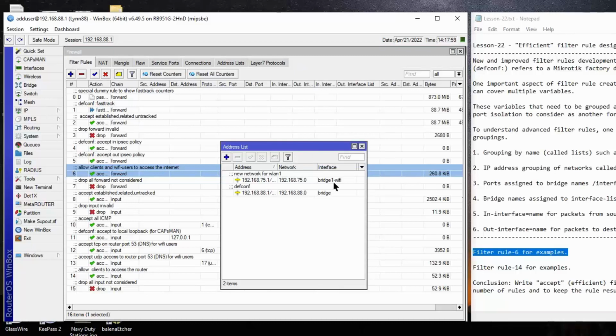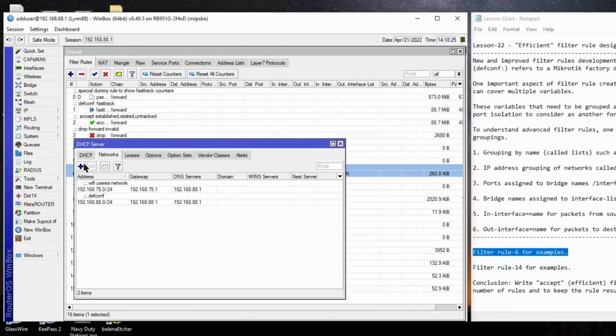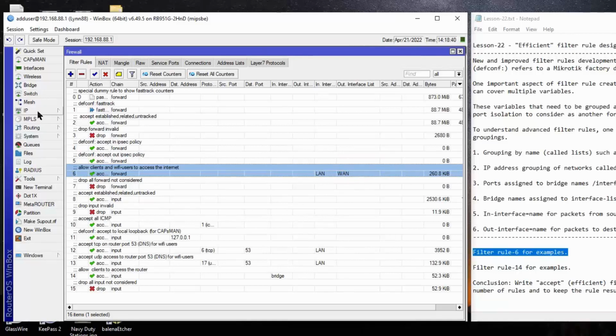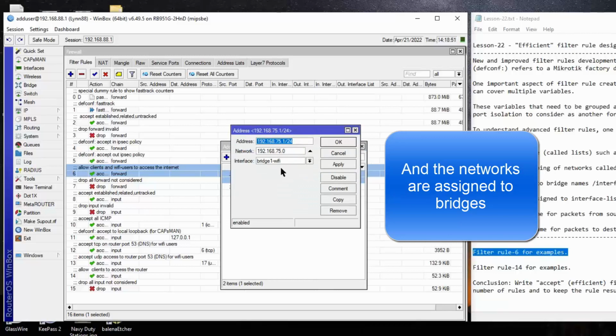That's the addresses that comprise these two bridges. We know about that. There's one more here, the DHCP servers, which we know we have two servers. One serves address group 75, the other serves address group 88. But what does that mean? Well, if you look, our addresses under IP define those two groups as this network.